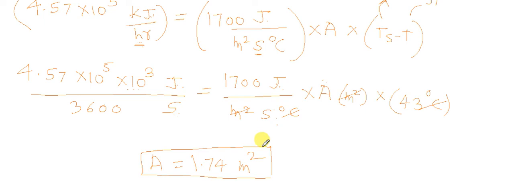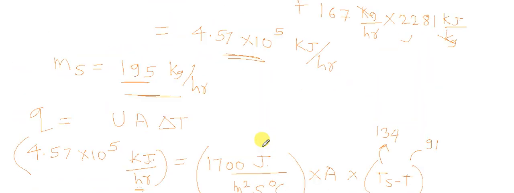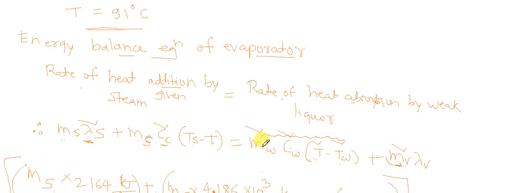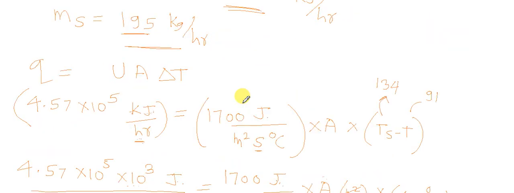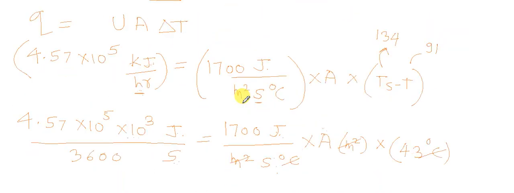First think what is given, then calculate the unknown quantities step by step, and just substitute all this in the energy balance equation of the evaporator, and solve. If required, again go through this video and think about dimensional consistency, go for step by step calculation and solve the problem.